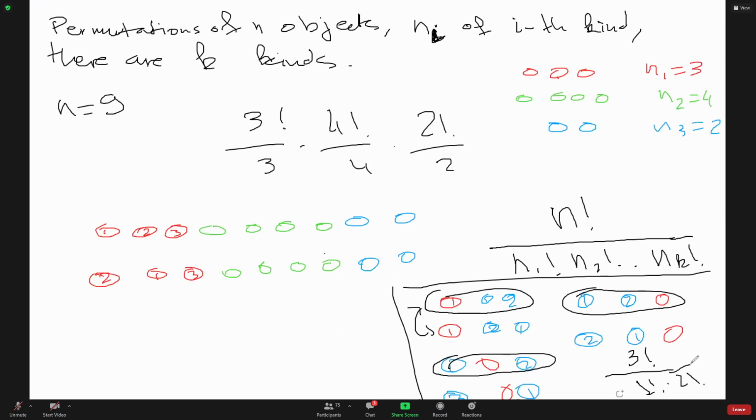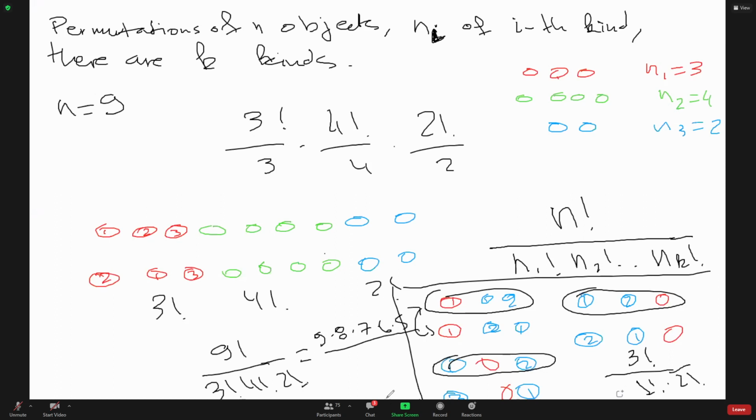Okay, teacher. So here, this will be 3 factorial, 4 factorial, 2 factorial. So in total here, let's see if this was correct. So this is 9 factorial divided by 3 factorial, 4 factorial, 2 factorial. How much is this? So this is 9, 8, 7, 6, 5, right?